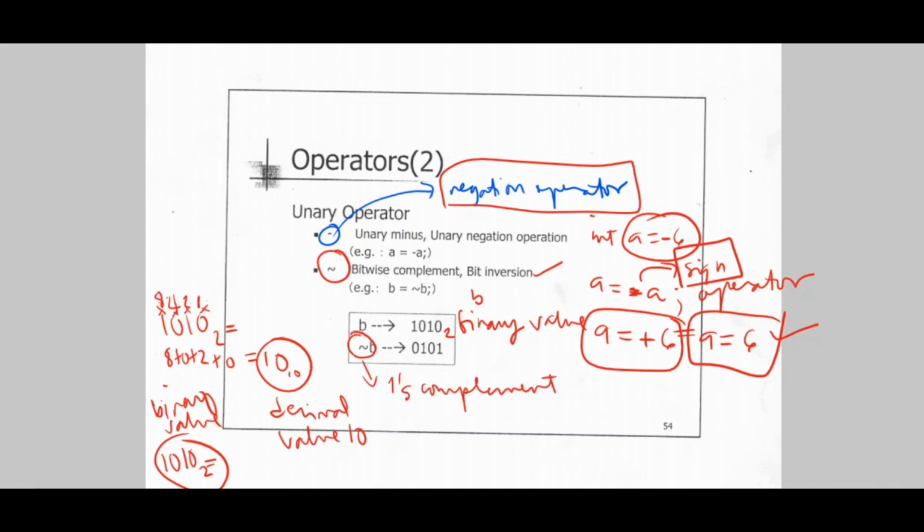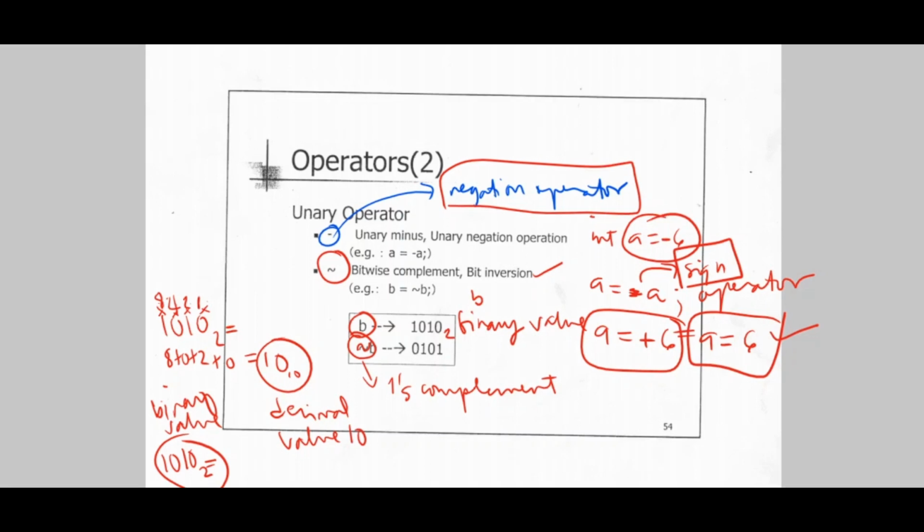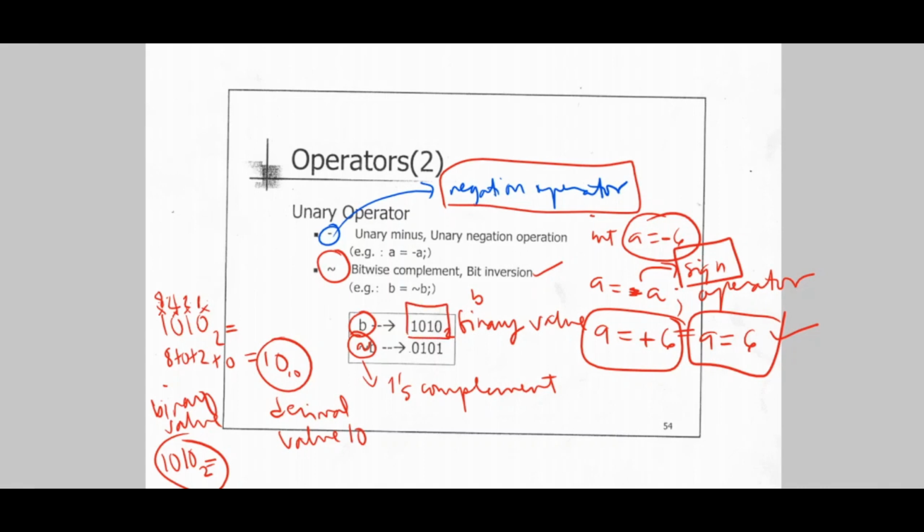Getting the ones complement of a value is similar to putting that bitwise complement or bit inversion operator before the operand. So this will become 0101. Okay, it gets the inverse of the bit value.